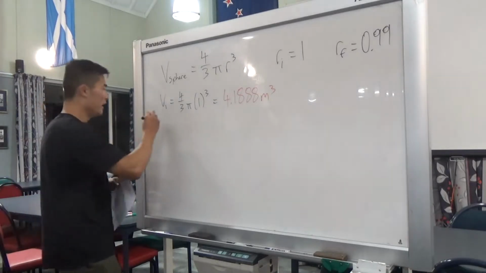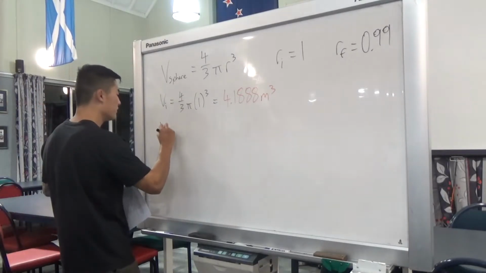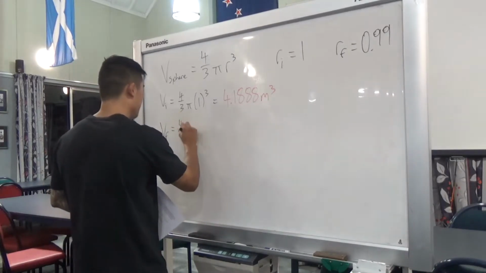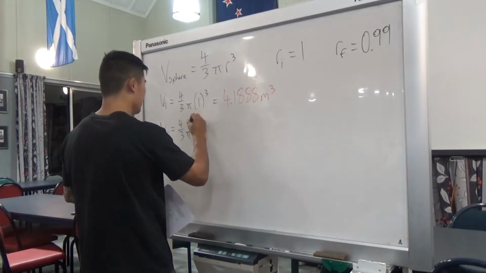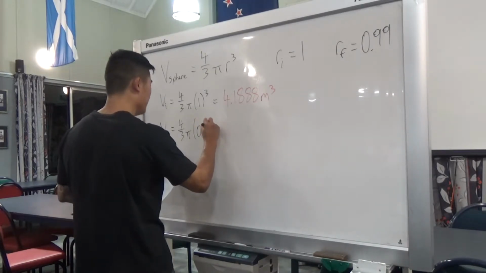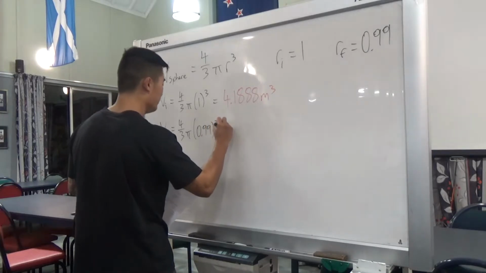And then the final volume after the radius has been reduced would be 4/3 times pi times 0.99 cubed.